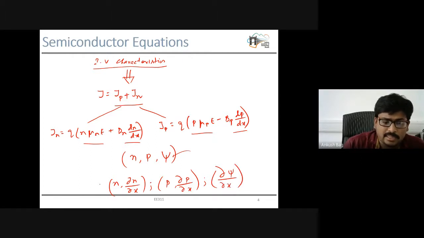If we understood, or if we can calculate, or if we know these parameters at any instant or throughout our semiconductor, we will be able to calculate these IV characteristics.